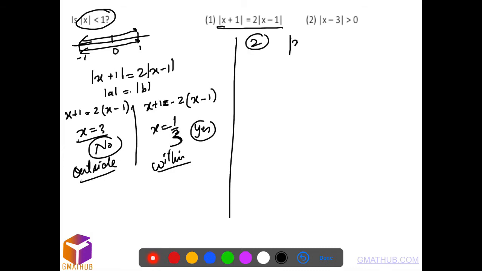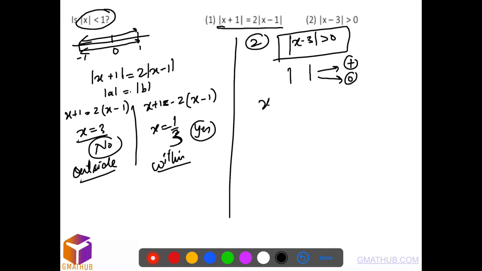Second statement, mod of x minus 3 is greater than 0. Now mod is either positive or 0. Greater than 0 means x is not equal to 3. That's what I get from here, because if x is equal to 3, mod of x minus 3 will be nothing but 0, so it doesn't satisfy it.